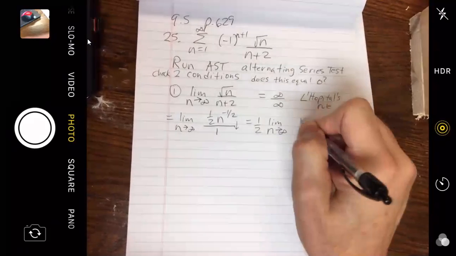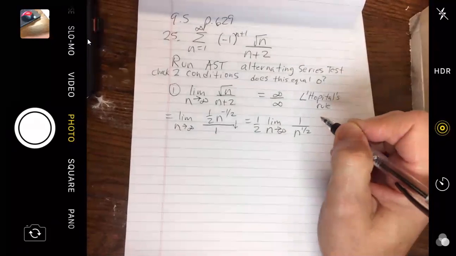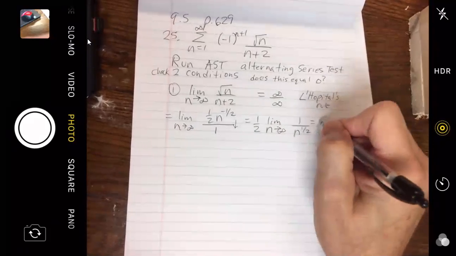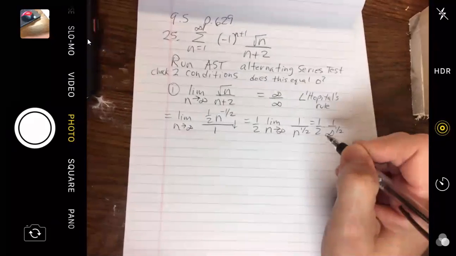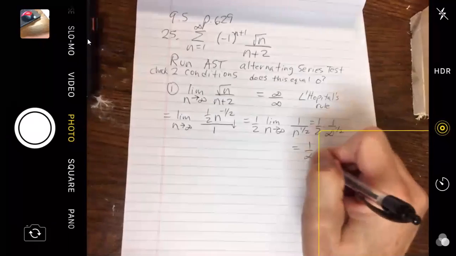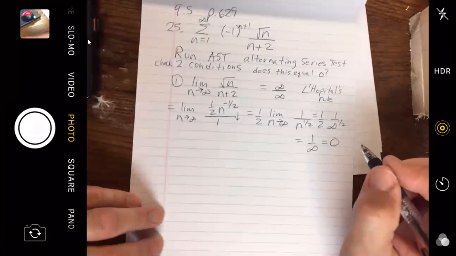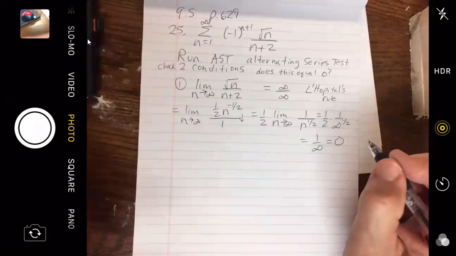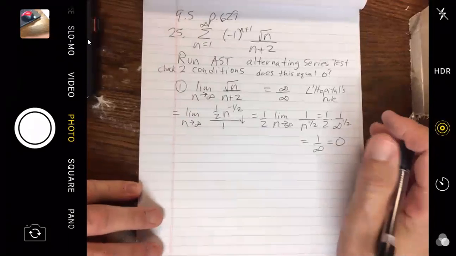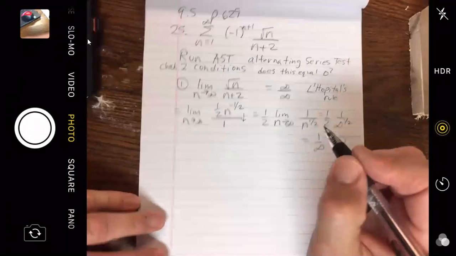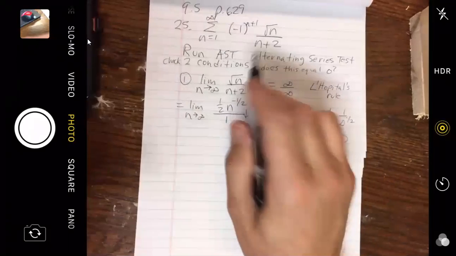Send that down, 1 over n to the half, or square root of n. So you get 1/2 times 1 over infinity to the half. Sure enough, 1 over infinity, that would be 0. So these terms are going to 0, but that's not enough yet. The AST has those two conditions.